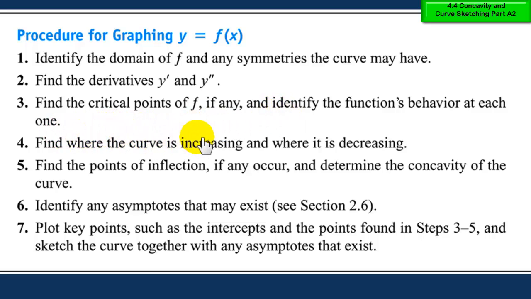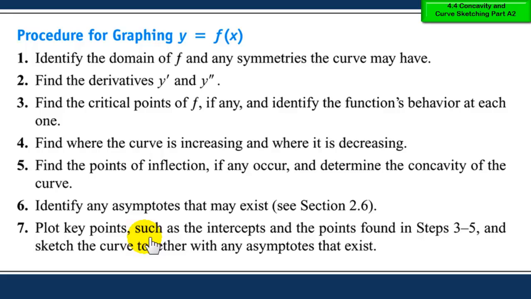Number 4, find where the curve is increasing or decreasing. Number 5, find the points of inflection, if any, and determine the concavity of the curve. Number 6, identify any asymptotes that may exist. Remember, in section 2.6 we looked at limits where we were able to determine the vertical or the horizontal asymptotes of a function, or even a slant asymptote.